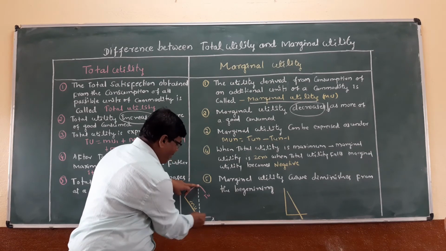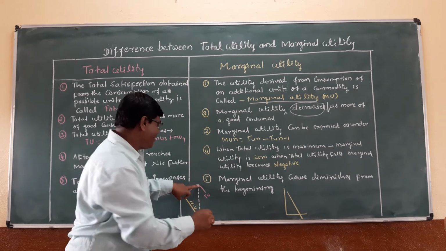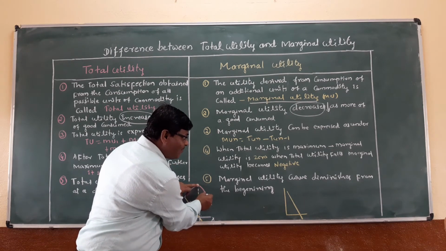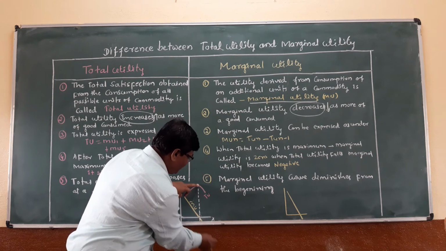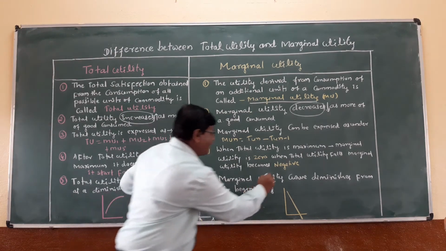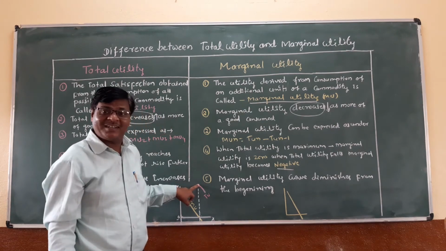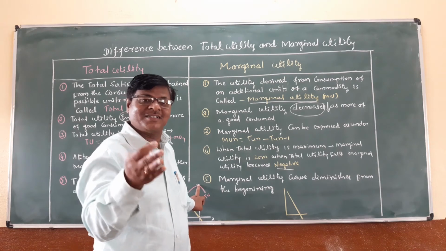At this point, marginal utility is 0. When total utility falls, marginal utility becomes negative. This is the difference between total utility and marginal utility.